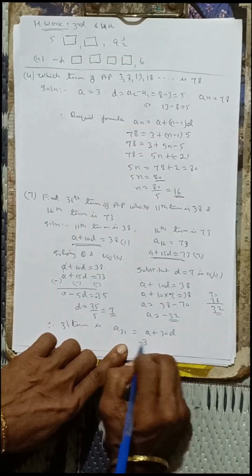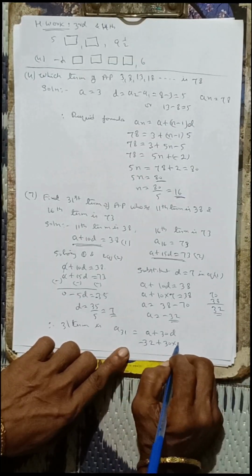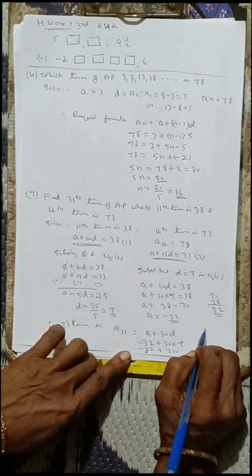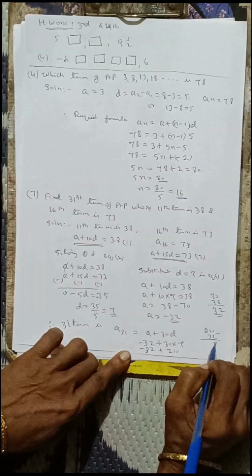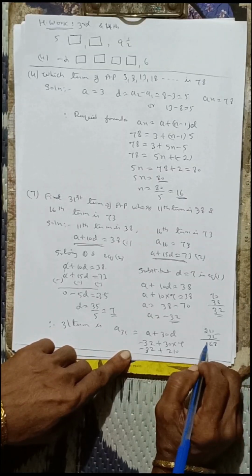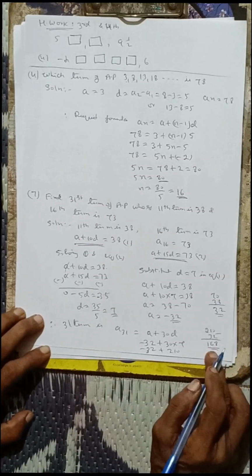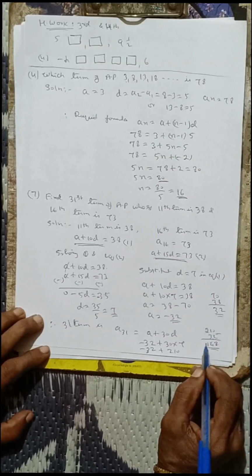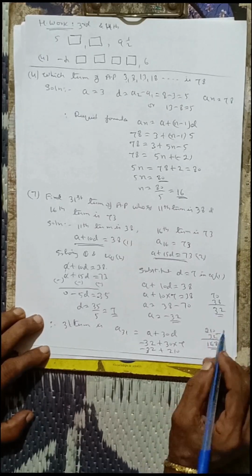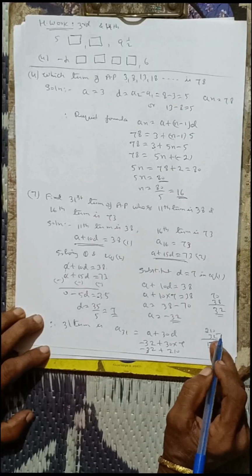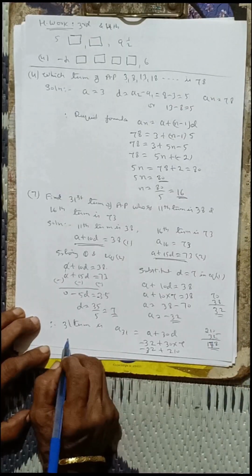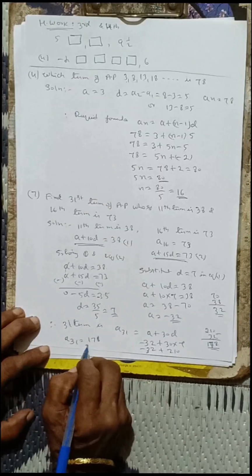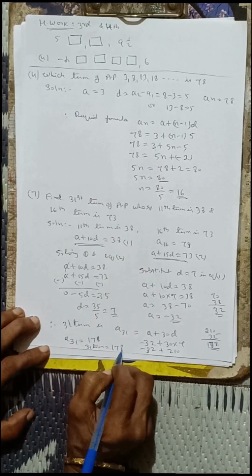A is minus 32 plus 30 into D, D is 7, that is 210. 210 minus 32 is 178. Therefore the 31st term A31 is 178.